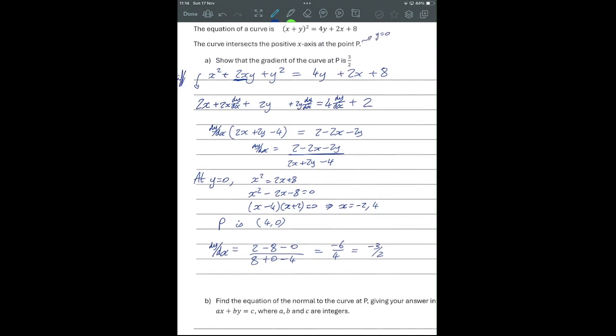Well, the question was to show that the answer was 3 over 2. So at this point, we should be pausing and very carefully checking through our work. It looks like we have a sign error. So big things to check: have I done this rearrangement correctly?